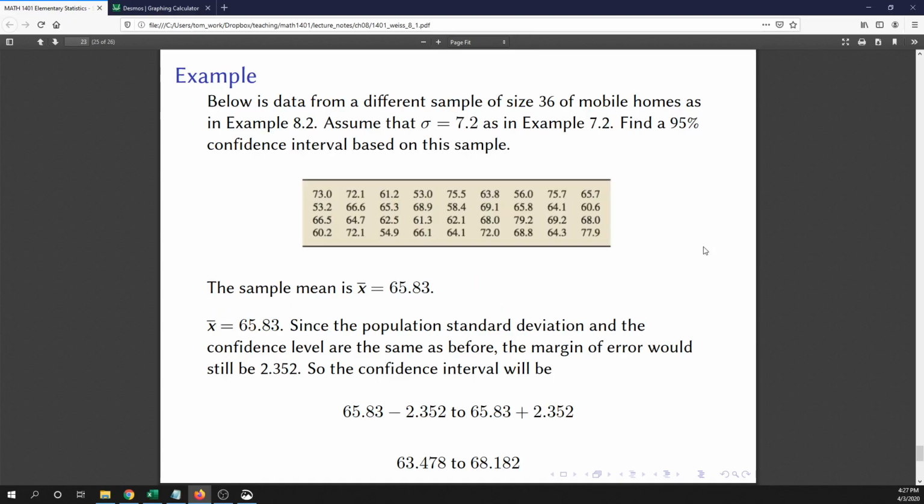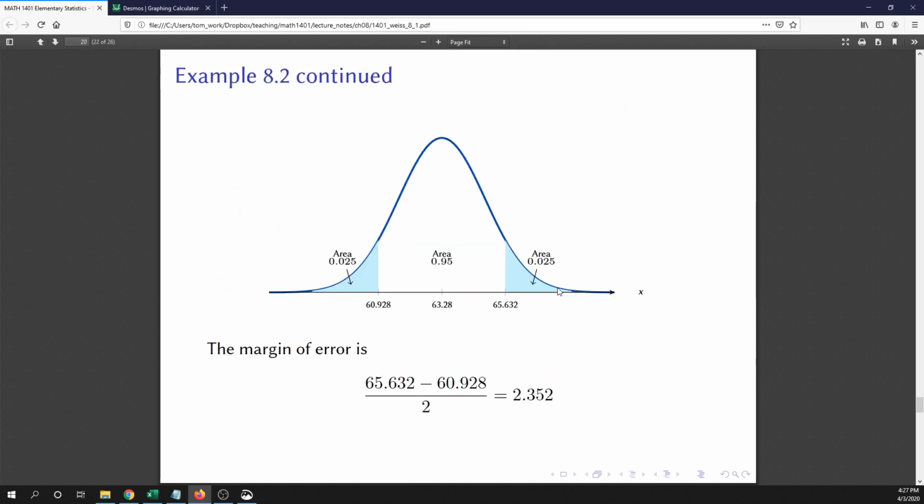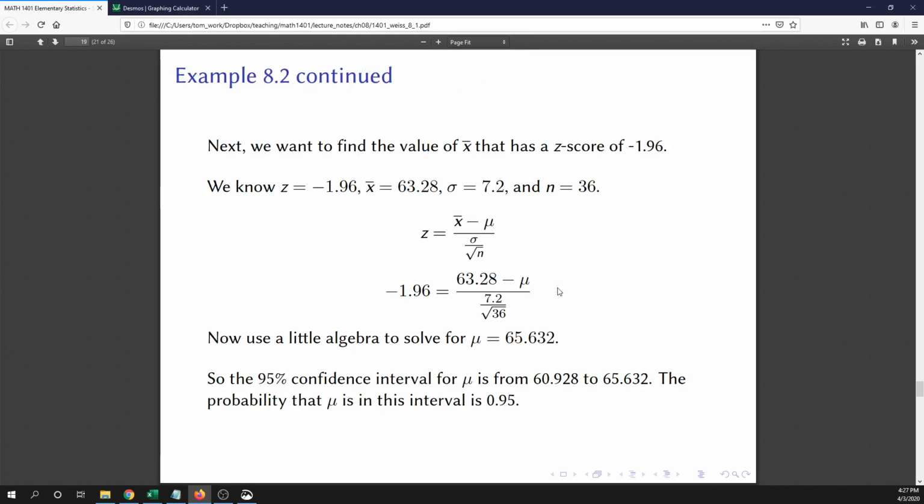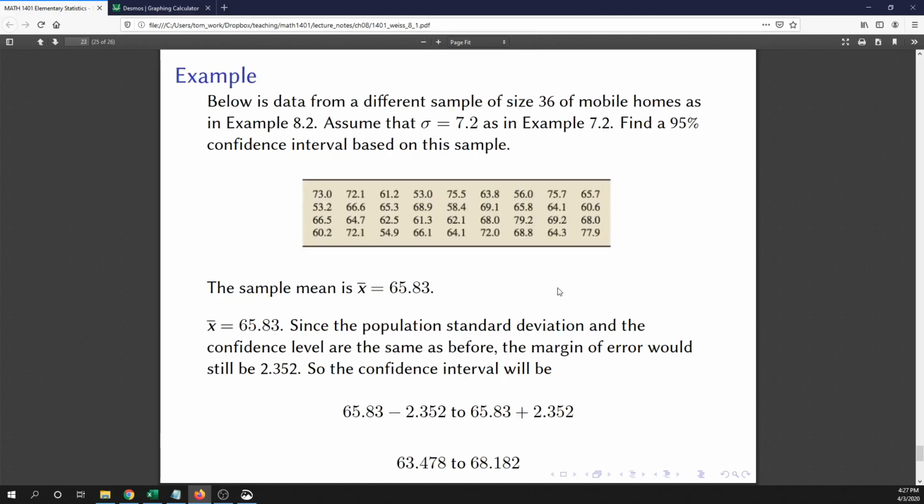Finally, the last slide in here just shows that if you take a different sample of size 36, in this example we got 6.583, whereas before it was 63.28. So here I'm using a different sample.